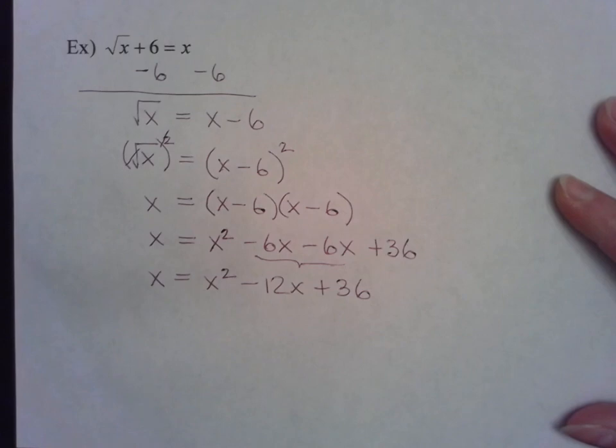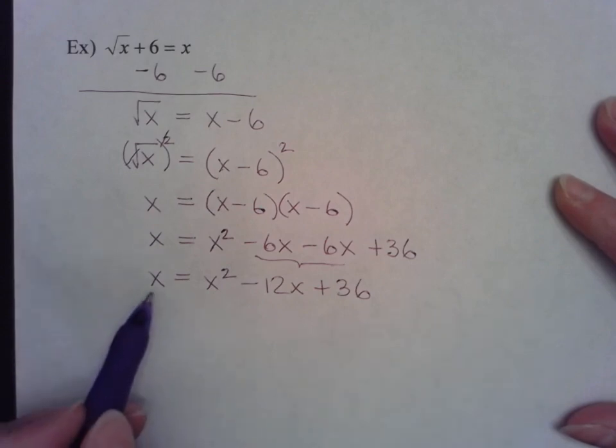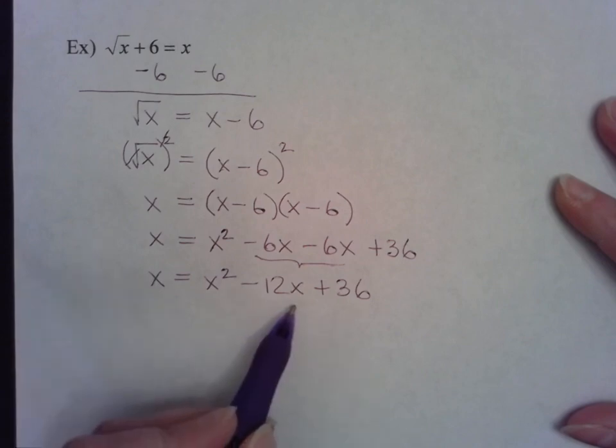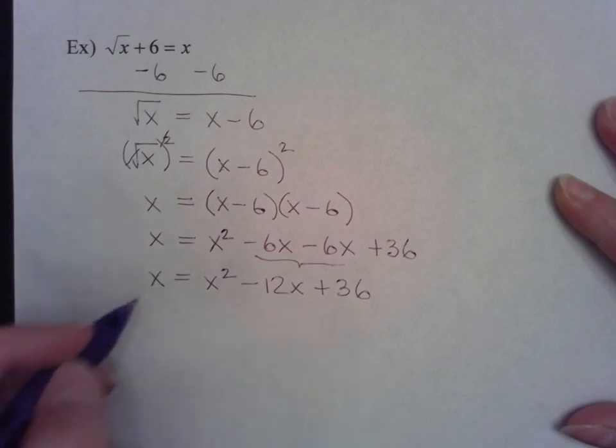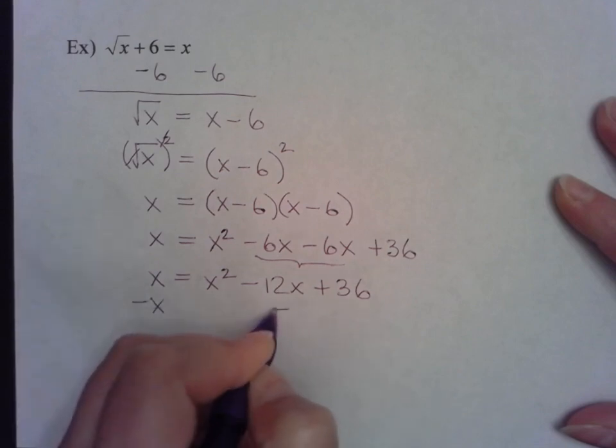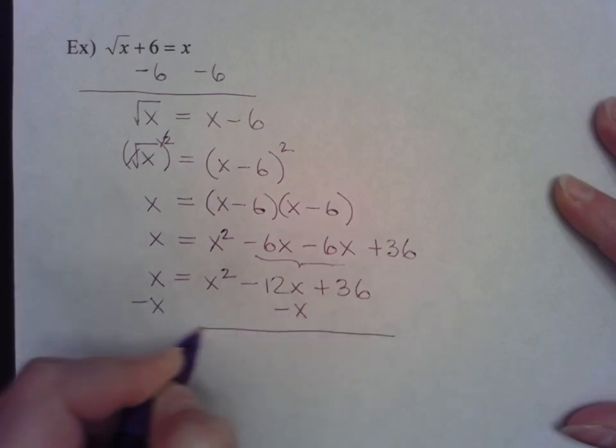Usually factoring is the fastest, so I'd like to try that first. If we think about the process we use to factor, the first thing we have to be concerned about is we need to have 0 on one side. So that's the next step, to get 0 on one side. Since I just have one term over here, I'm going to move the x over to the right hand side by subtracting.